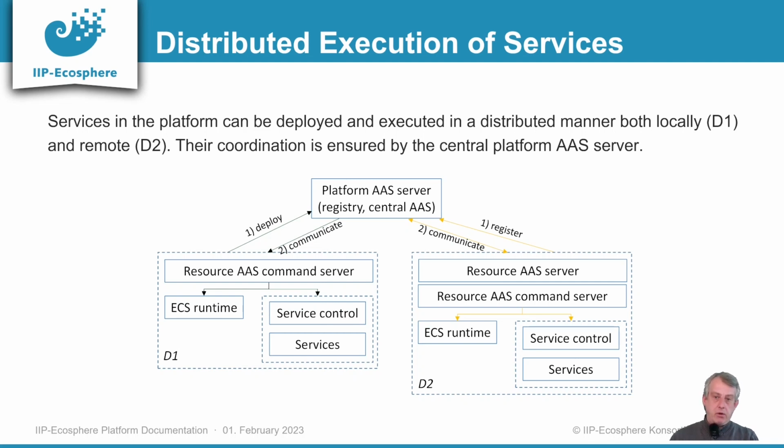In a local way, on-premise deployment of services is shown here in diagram D1 on the left side. Remote deployment, for example, off-site or in a remote cloud, is shown in diagram D2 on the right-hand side. To handle requests of AAS in a remote resource deployment as shown in D2, the resource must run a further server instance of the resource AAS server. Both deployment scenarios are coordinated by a central AAS server of the platform.